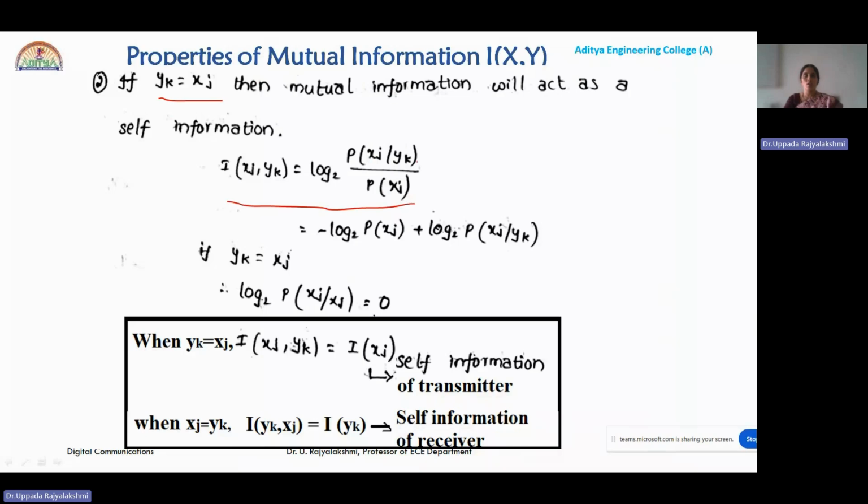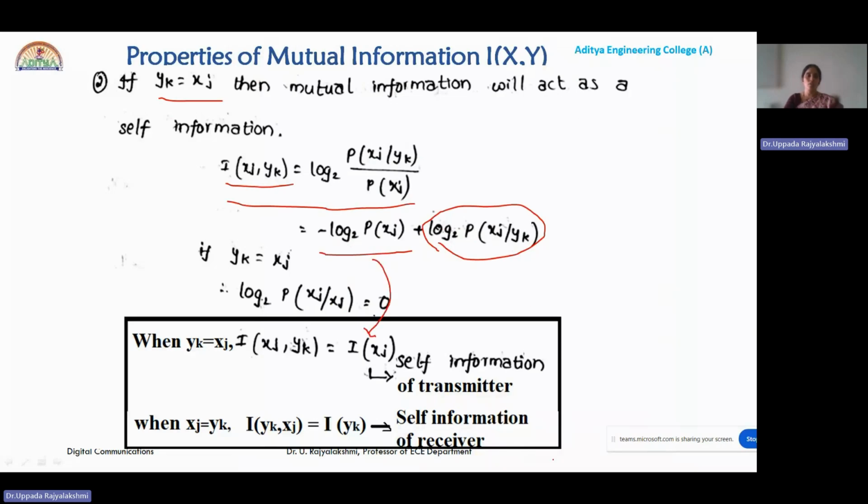Rewrite it as minus log P(xj) base 2 plus log P(xj|yk). But if xj is equal to yk, this factor becomes log 1, and log 1 is 0. So I(xj,yk) becomes minus log P(xj) base 2, which is nothing but I(xj).